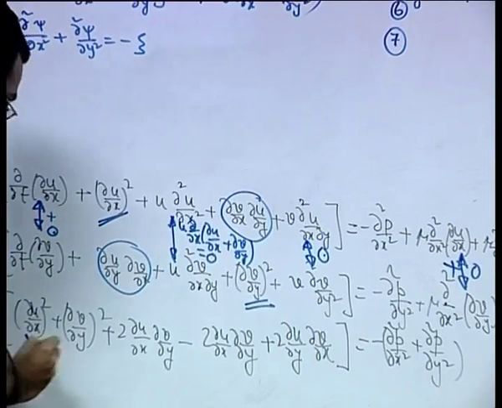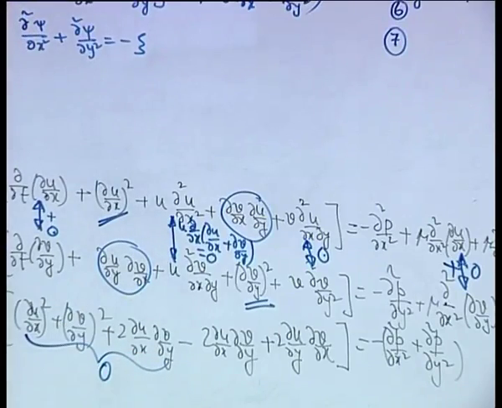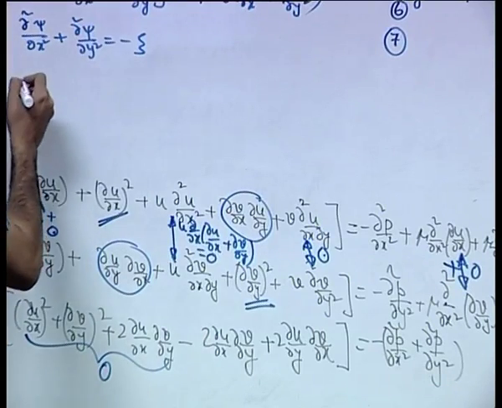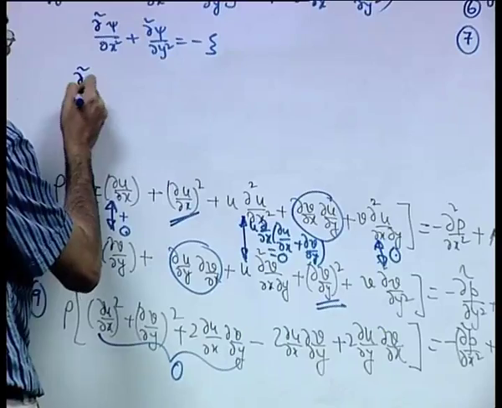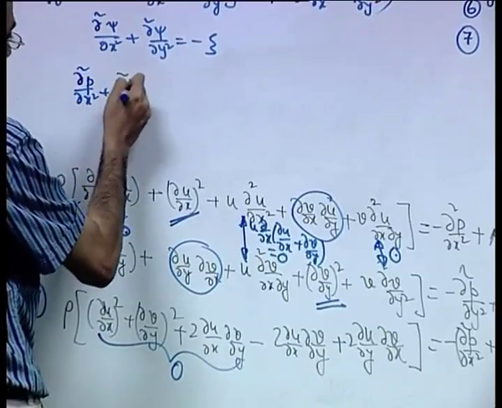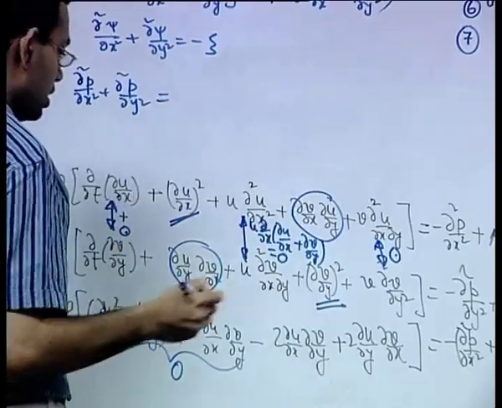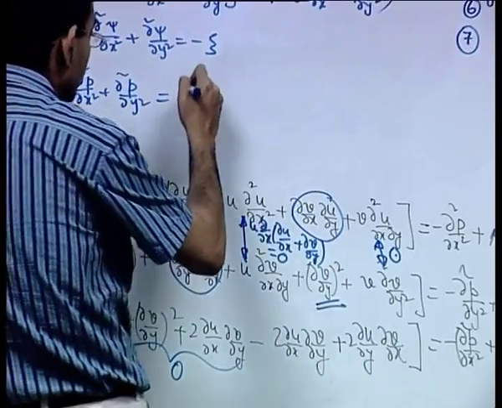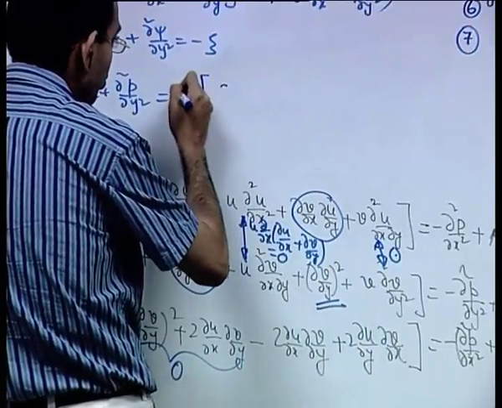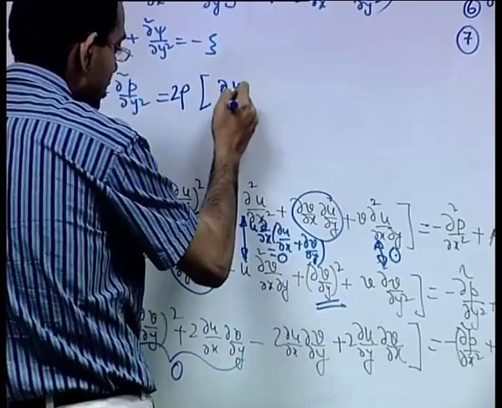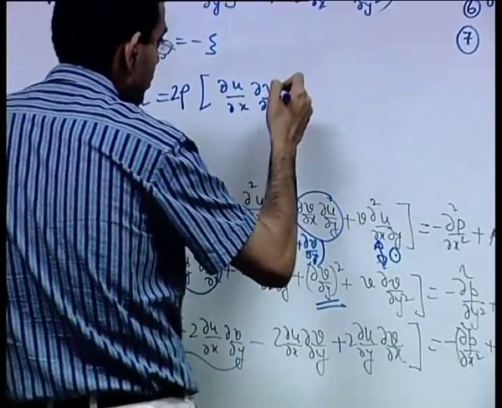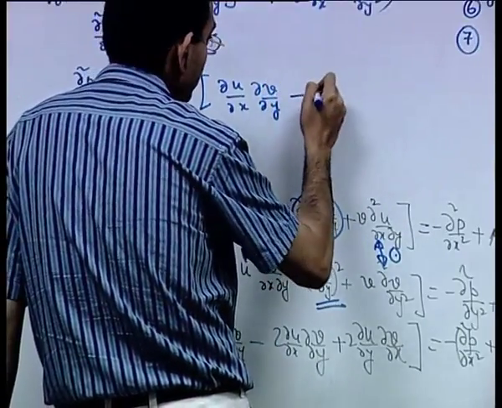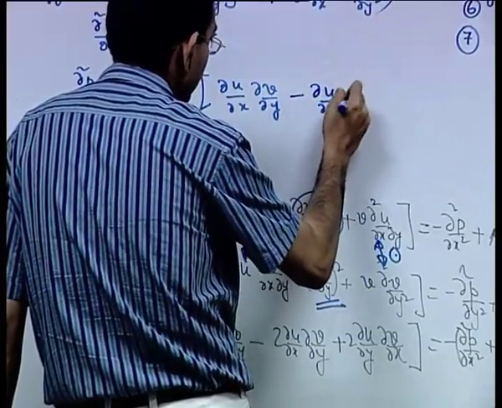So, this part is 0 because this is del u del x plus del v del y whole square. So, you have the governing equation for pressure as del square p del x square plus del square p del y square is equal to rho into 2 rho into del u del x del v del y minus del u del y del v del x.